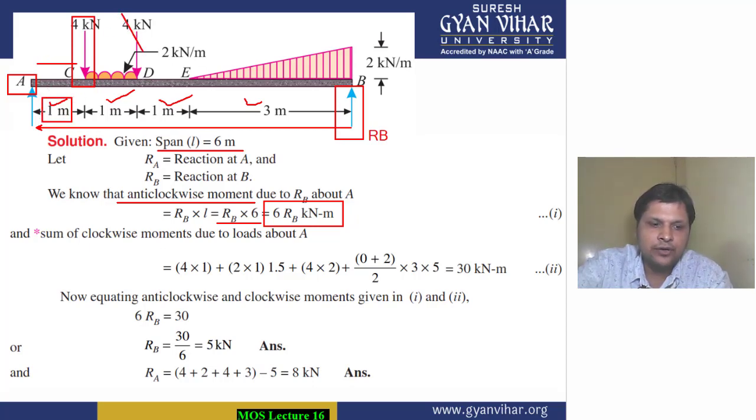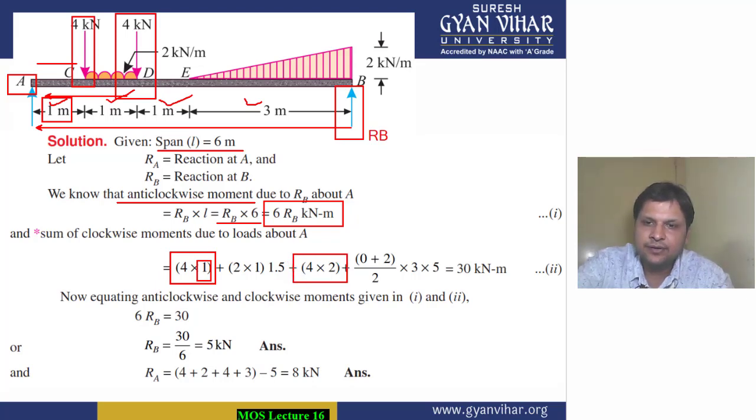Second force is again 4 kilonewton, but it is at a distance of 2 meter from the point A. So first is your 4 kilonewton force, distance 1 meter. Second is your 4 kilonewton force and its distance is 2 meter from point A.